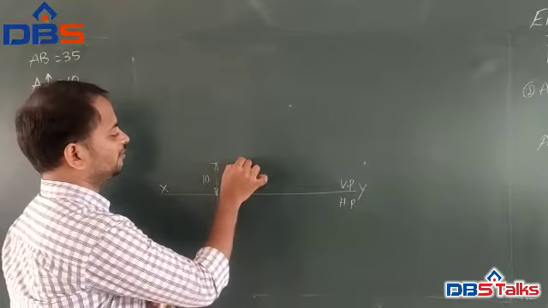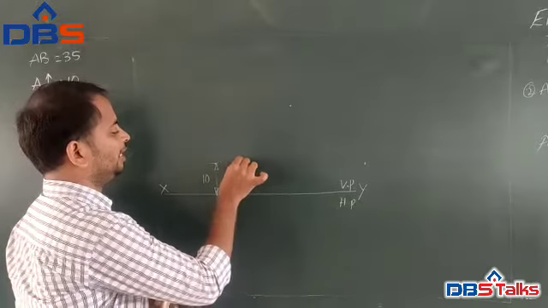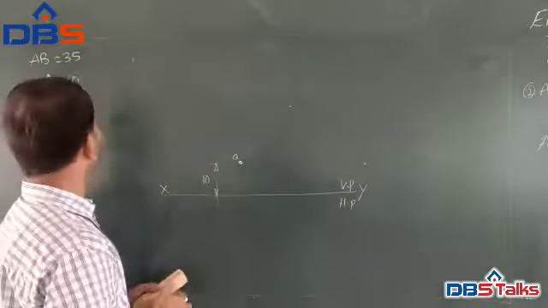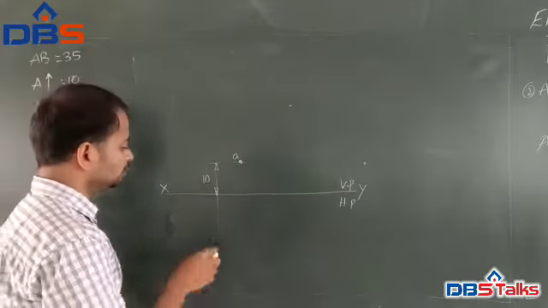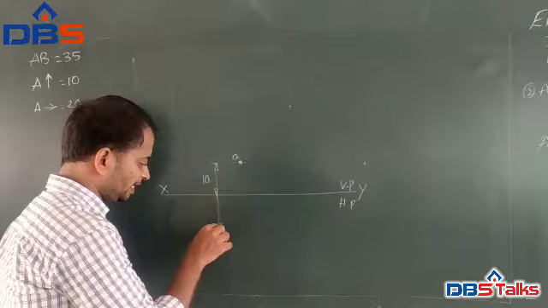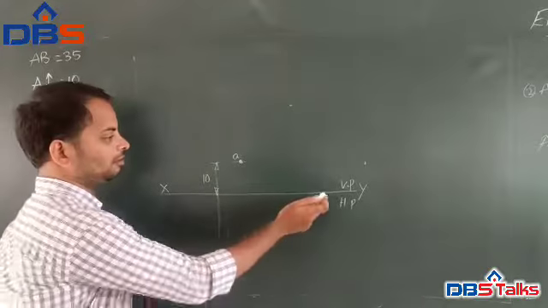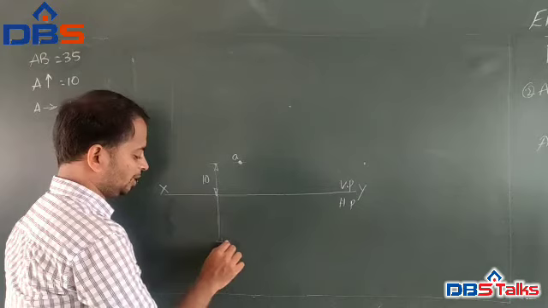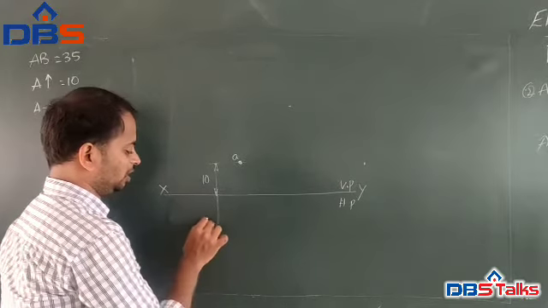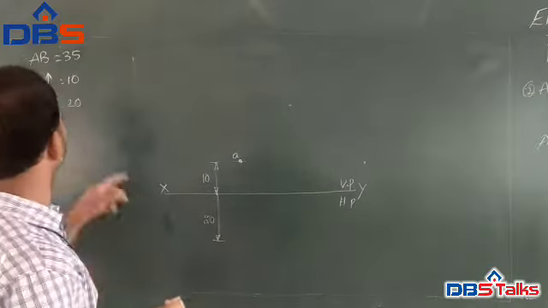Okay, this is the reference line. The point is A. Then A is in front of VP, that is 20 mm, which is measured below the XY. So the dimension is 20 mm.